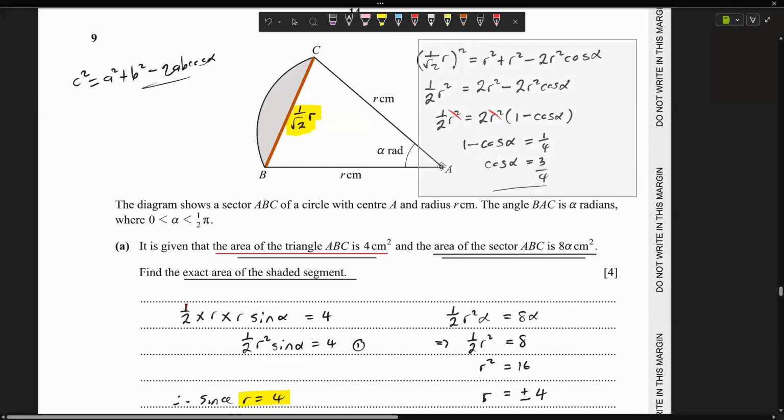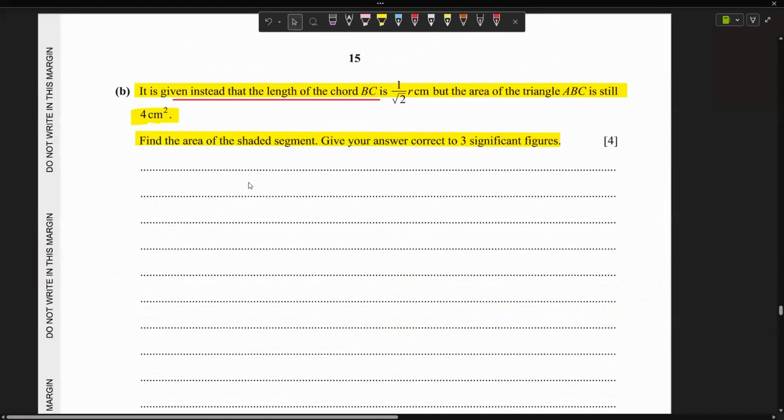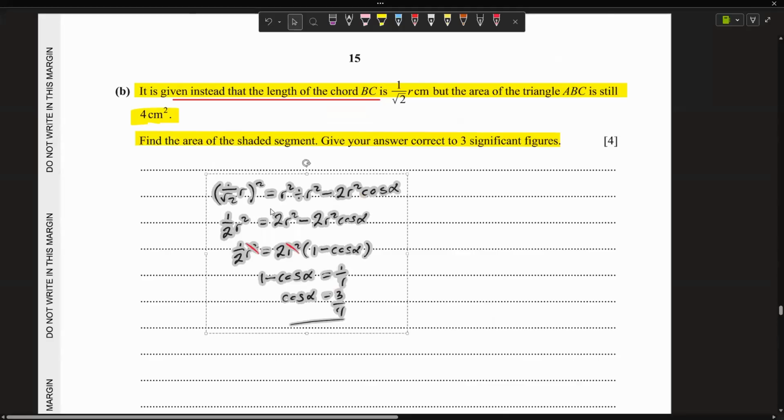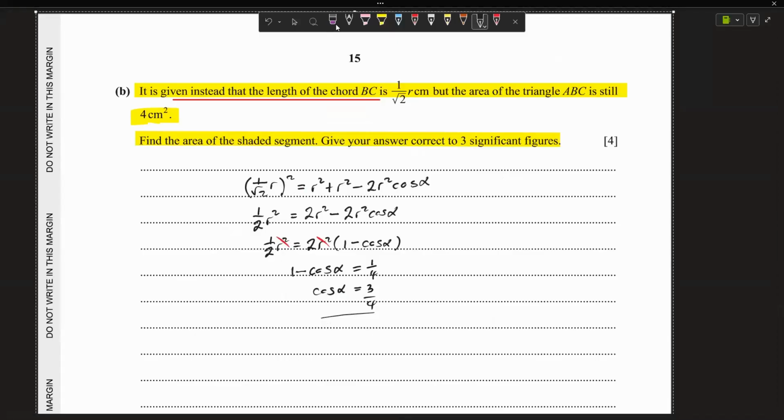I'm going to take this piece of working and place it down here. Okay, I think this should be all right. So we know that cosine alpha is 3/4, and therefore alpha is arc cosine of 3/4. Now, I'm going to do this because we will need sine alpha.